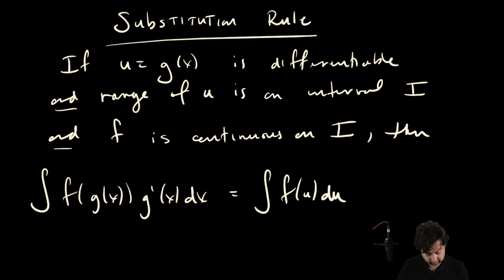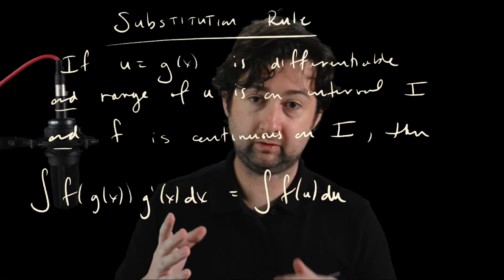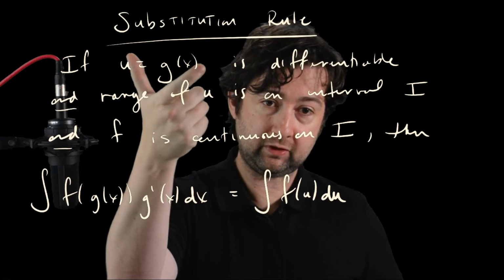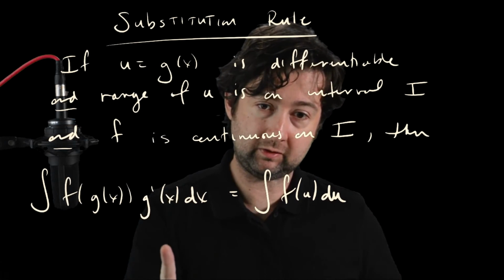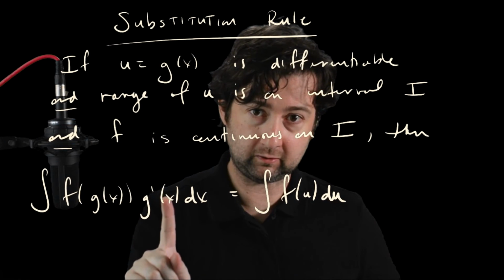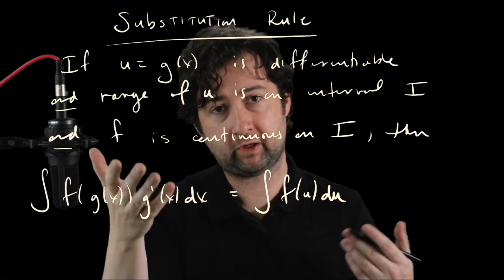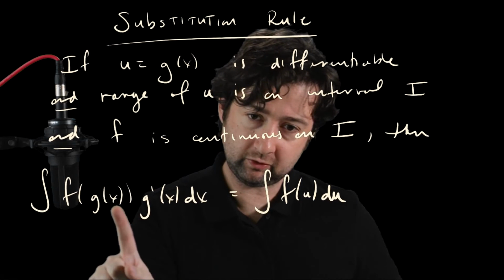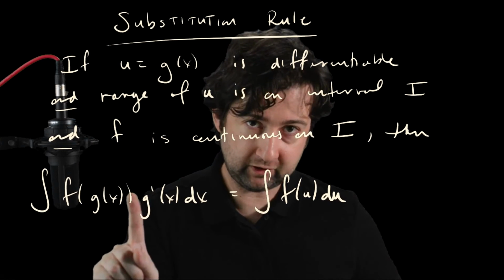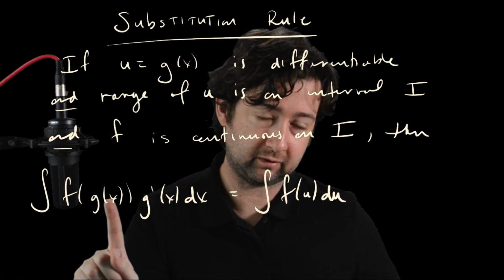f of u du. Now you might wonder about all these technical conditions. You need to have the differentiability here because you can see that g is going to have a derivative taken here. The other two conditions are just making sure that, because we're working with compositions, whatever comes out of g feeds correctly into the domain of f.